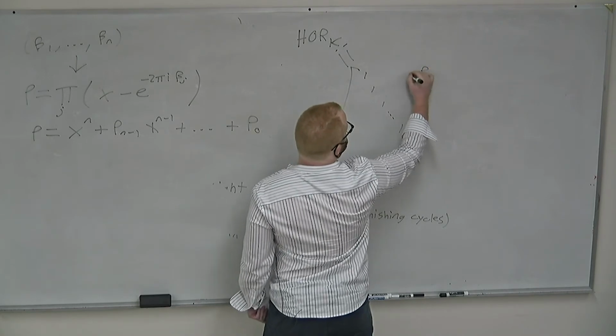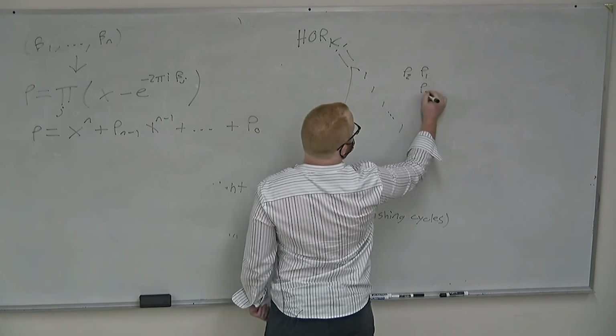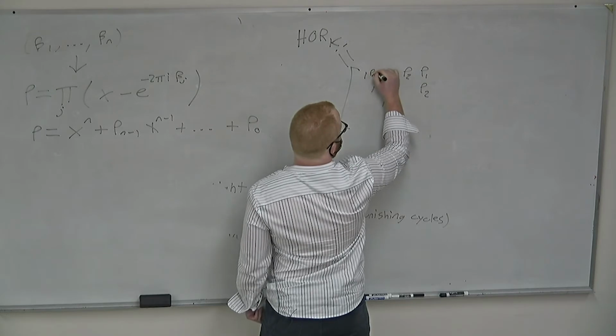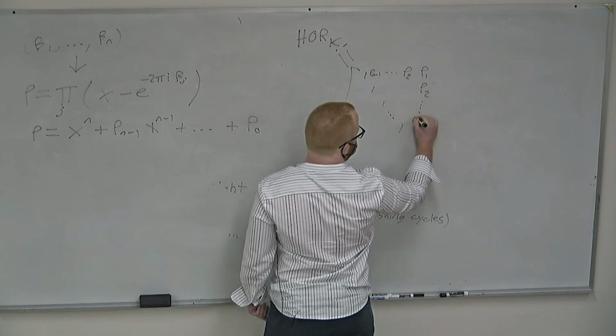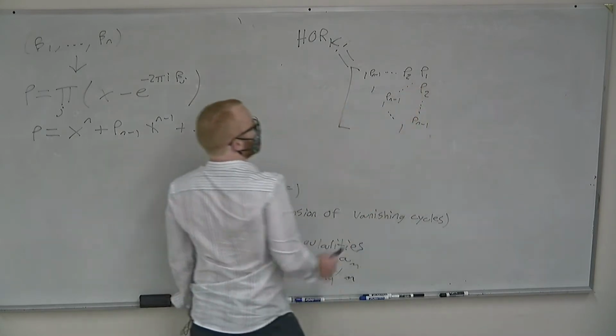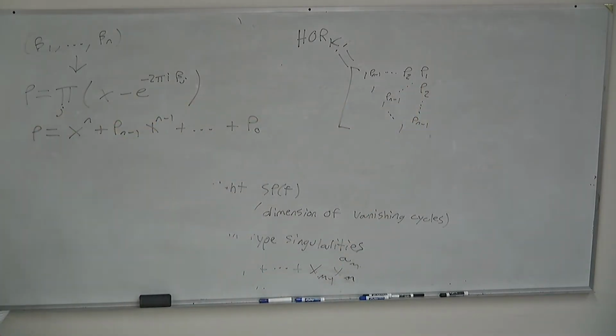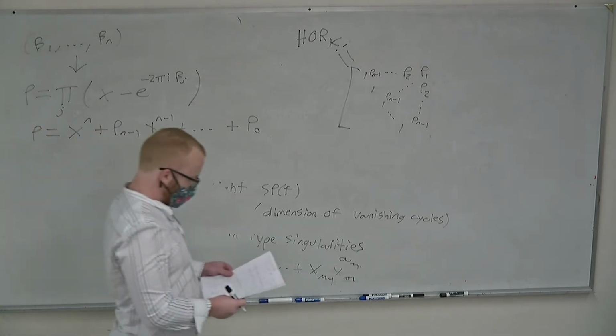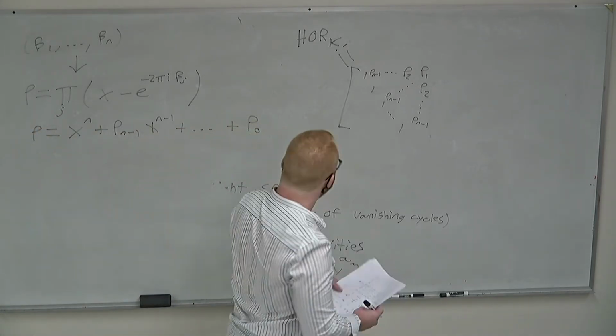We've got p1, p2, p2, pn minus 1, pn minus 1, pn minus 1. Right, they look like this. So they have constant off diagonals, right?